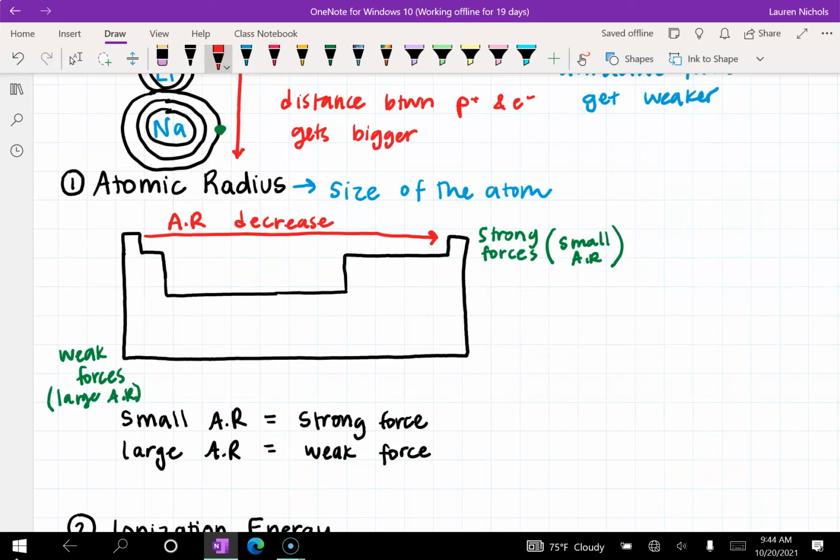And as you go down a group, we know that the forces are getting weaker, so the atomic radius is going to increase. Okay, so that's atomic radius, all about strong forces and weak forces.